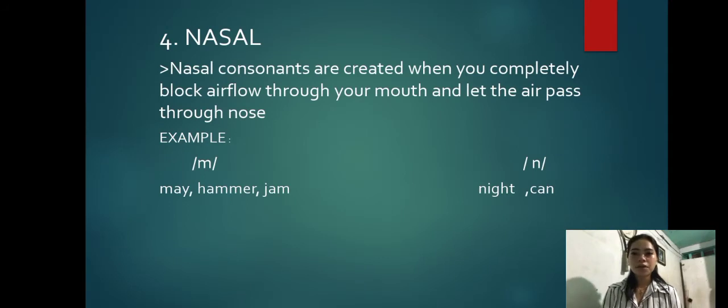So the next manner of articulation is the nasal. So far we've been talking only about sounds where the airstream is coming out of the mouth, but the nasals are produced differently. The nasal consonants are created when you completely block airflow through your mouth and let the air pass through the nose.